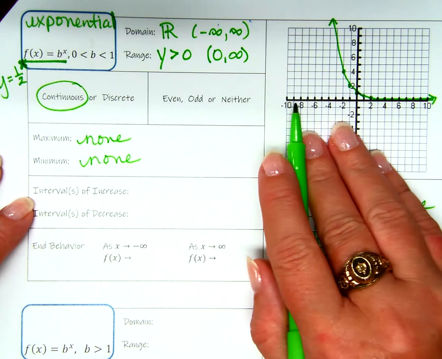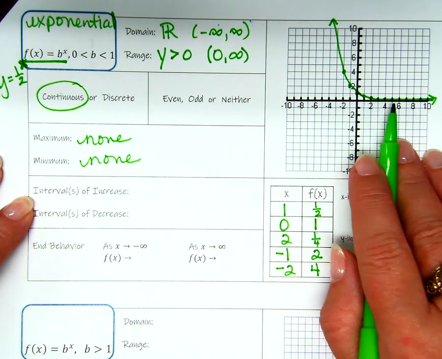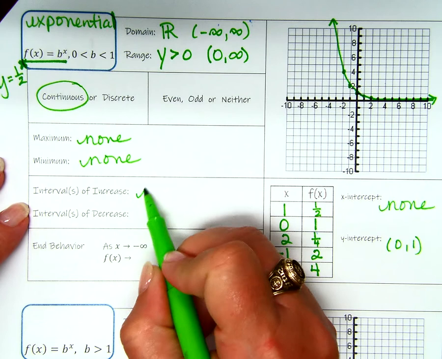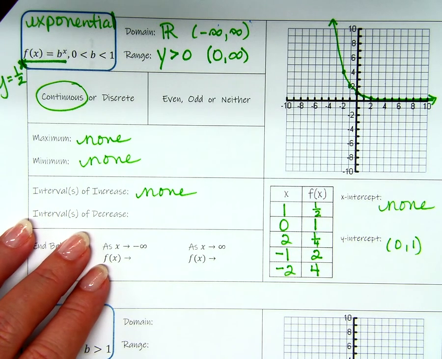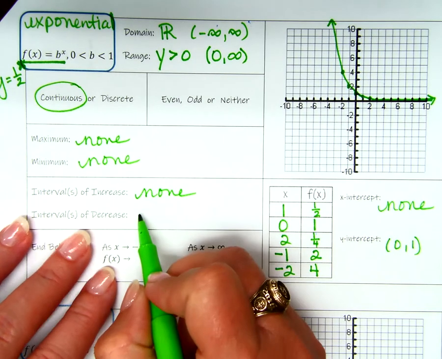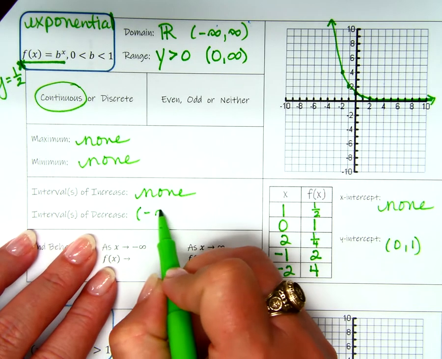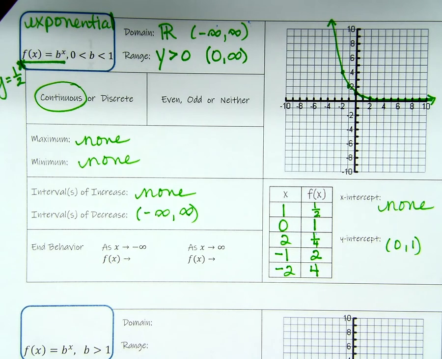As I move from left to right, where is it increasing? Nowhere. Where is it decreasing? Everywhere. So across the whole domain, it's increasing, or excuse me, it's decreasing.